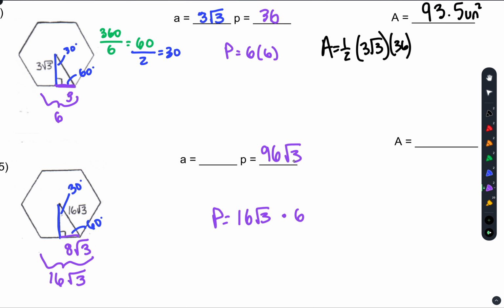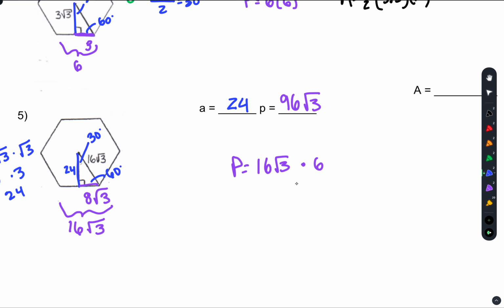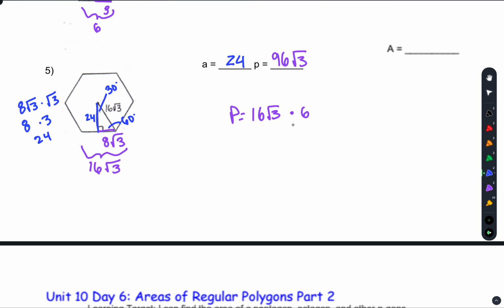And then the apothem. The apothem is the long leg. So I'm going to take the short leg, 8 radical 3, and multiply it by radical 3. Radical 3 times radical 3 is 3. So this is 24 for my apothem. Let's zoom out.